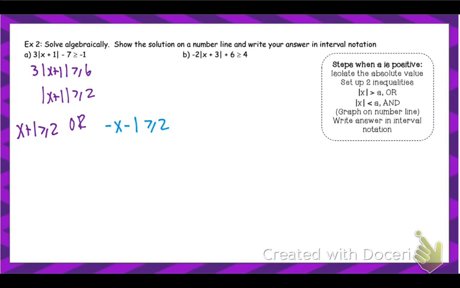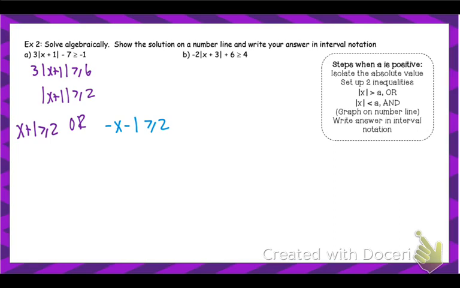Because what you're really doing here is you're looking at the negative version of this function. And when you do that, when you divide by a negative, it flips the absolute value sign. So you really have x plus 1 is less than or equal to negative 2. So if you change the sign on the right, you have to flip your sign as well. So what I'm doing instead is I'm just flipping what was inside the absolute value and keeping the sign the same. Again, both methods will work.